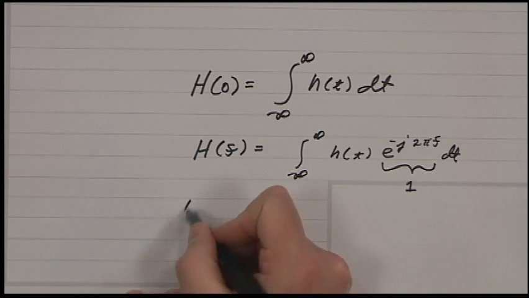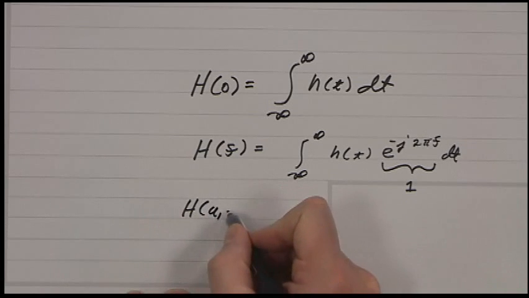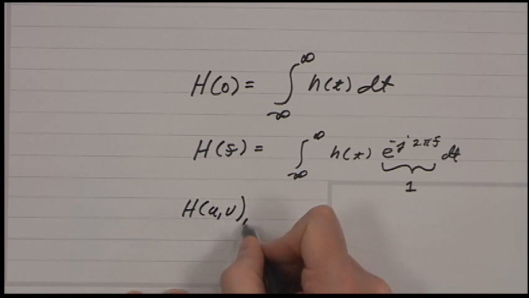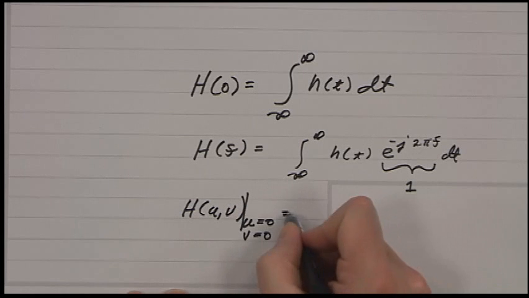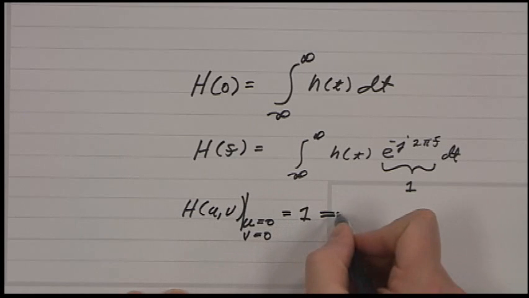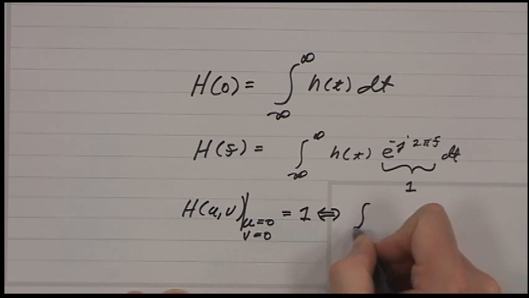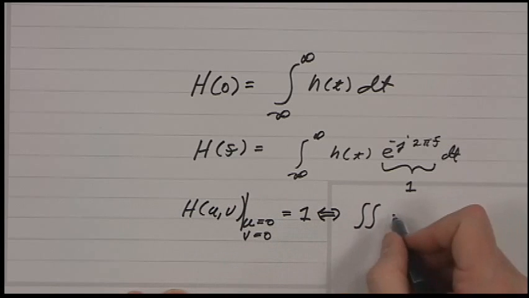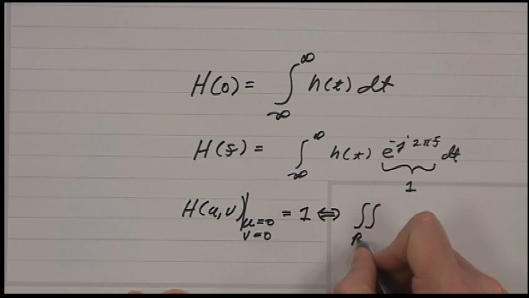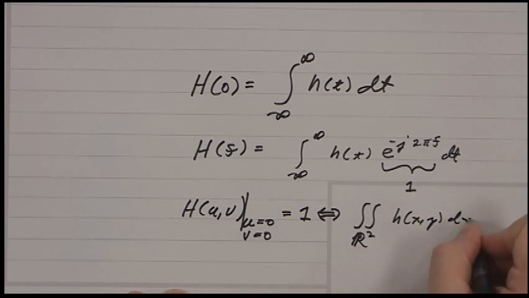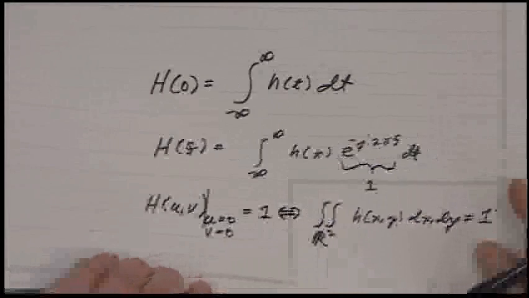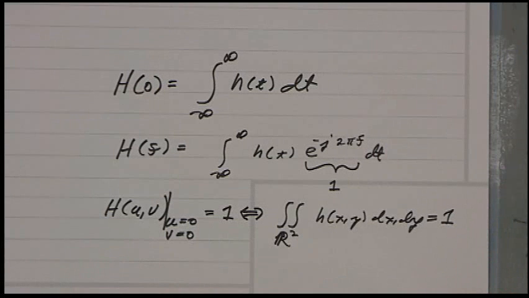So if H of uv evaluated at u equals 0 and v equals 0 is equal to 1, that means that the integral over R2 of h of xy dx dy has to equal 1. So the area under the point spread function has to be 1.